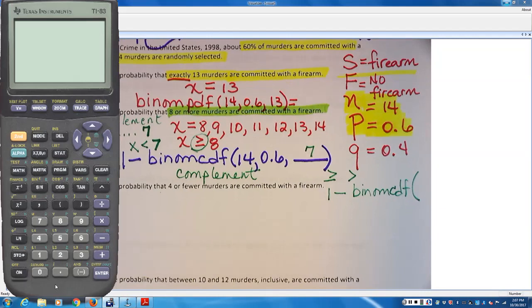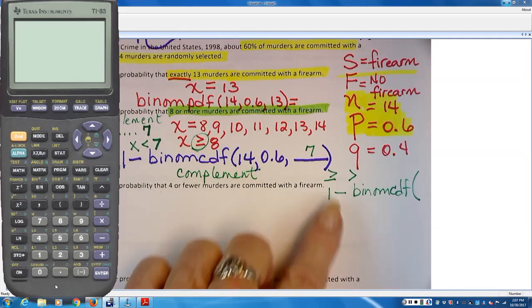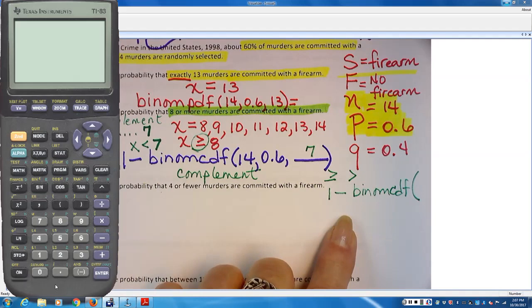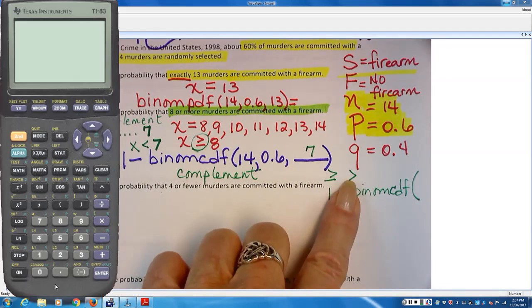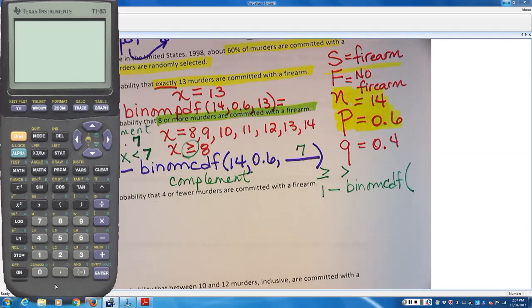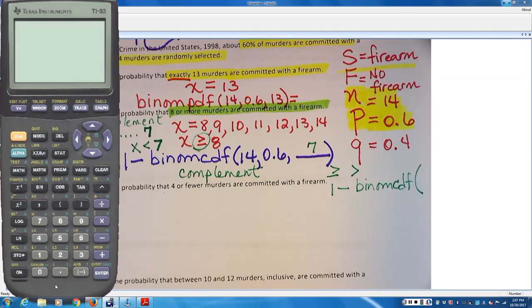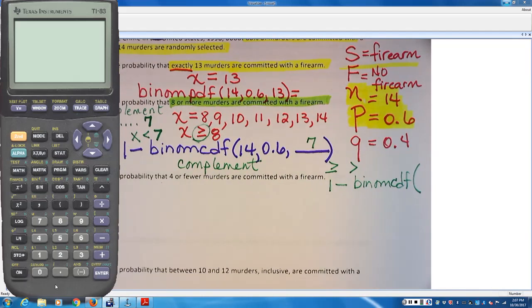That's the way you're going to have to do it. If it says this or this, you're going to do 1 minus Binomialcdf. And then based on whether it's this or this, you need to figure out what that last number is. What's the last number you want to add in? Where's the top? Where does the accumulation end? It always begins at 0. Where does it stop?